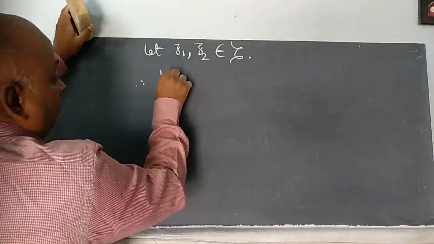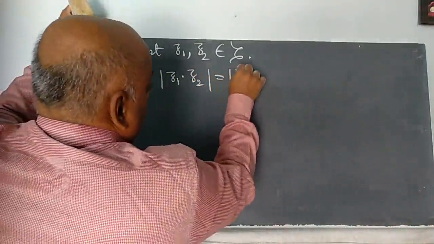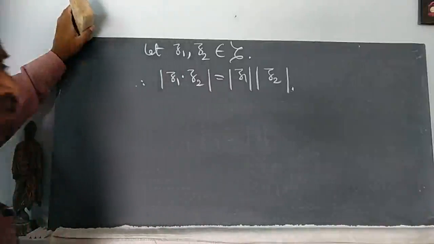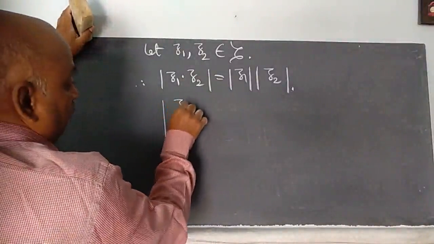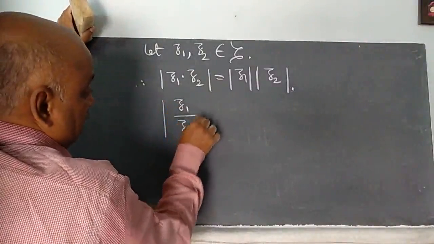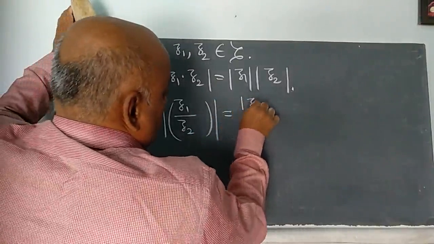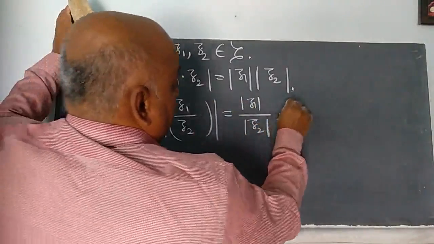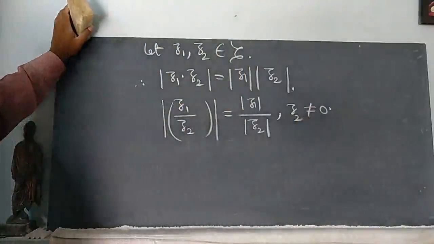Therefore, mod z1 into z2 is equal to mod z1 into mod z2. Again, mod z1 by z2 is equal to mod z1 by mod z2, provided z2 is not equal to 0.